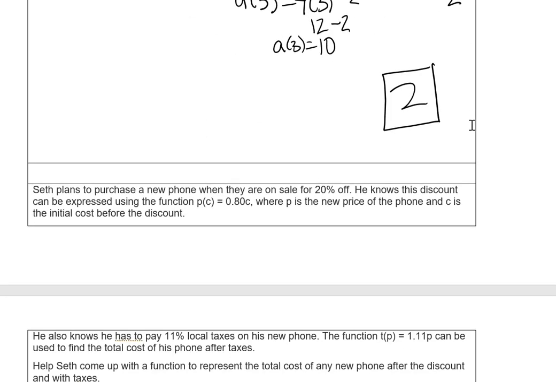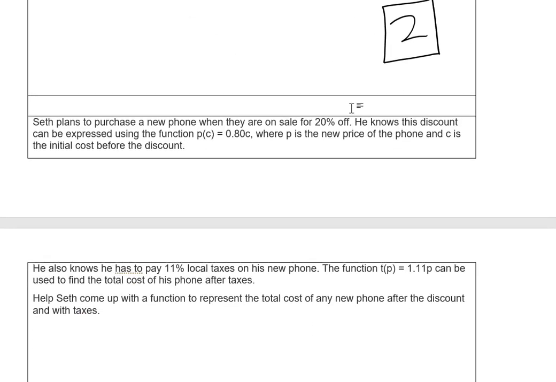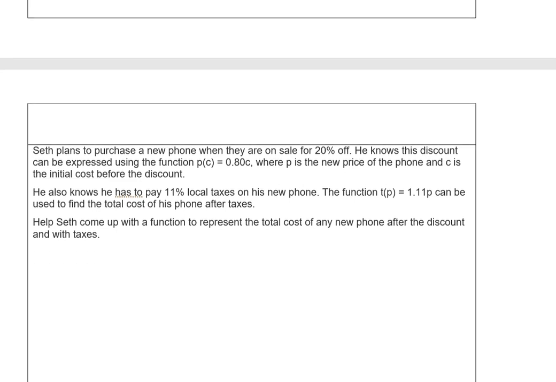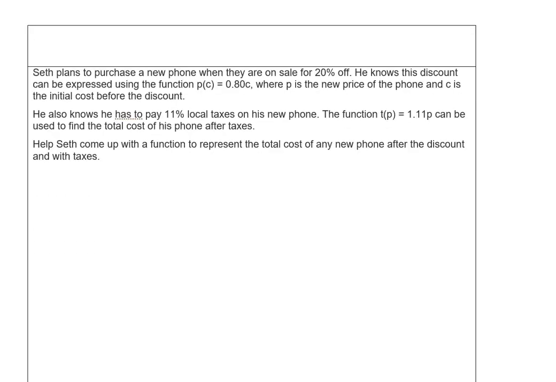You can see this applied with functions that we have to write and model. So let's look at this: Seth plans to purchase a new phone when they are on sale for 20% off.